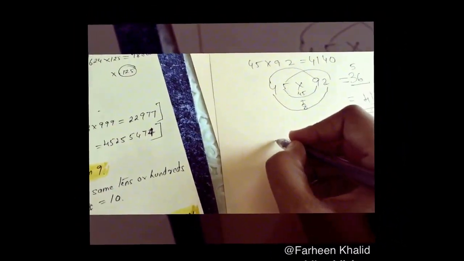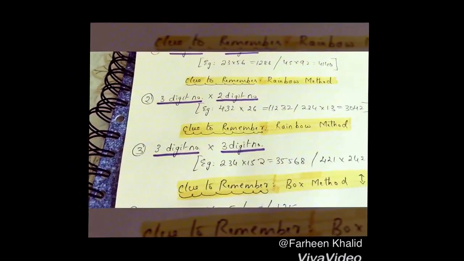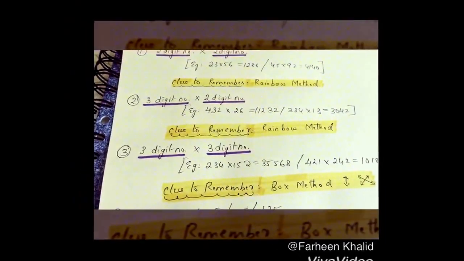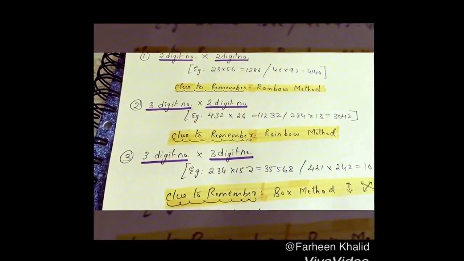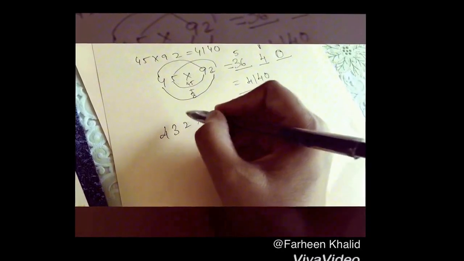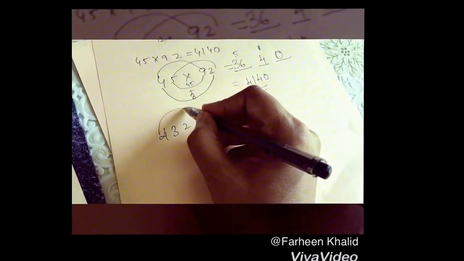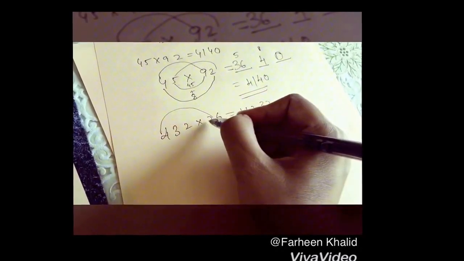All right, so now we come to the second one, which is a 3-digit number times a 2-digit number, which is also the same method, but let me just show you. The first example that we have taken here is 432 times 26, which is equal to 11232. So first we go with the last digit times the last digit.